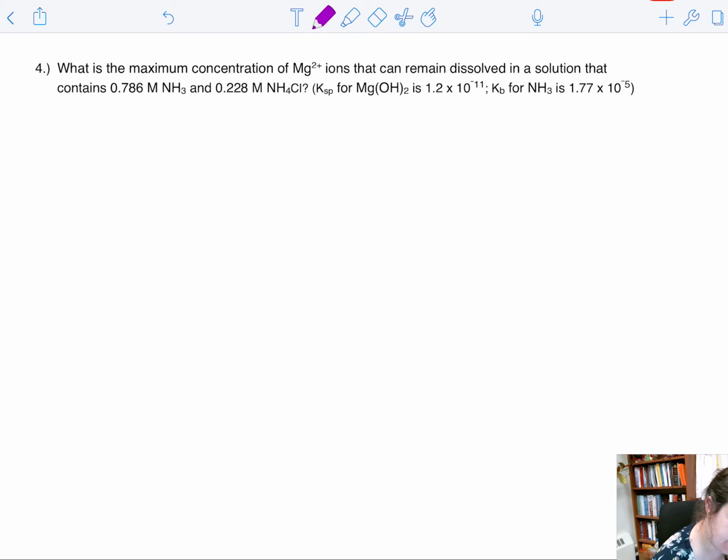Okay. Next is asking what the maximum concentration of Mg2+ ions is that can remain dissolved in a solution that contains ammonia and ammonium chloride. And what I should have written in here is that we're going to ignore complex ion formation.